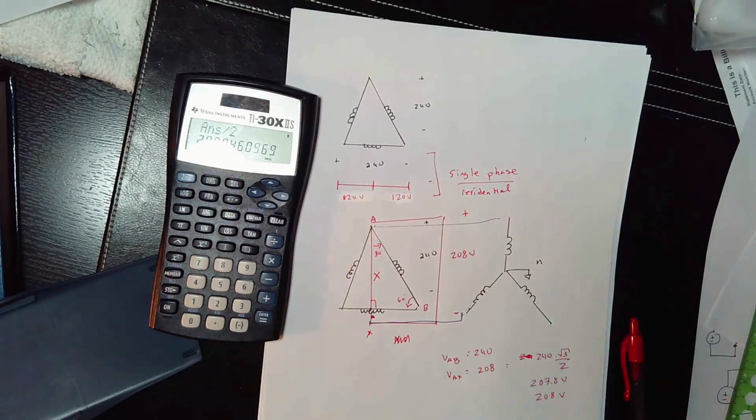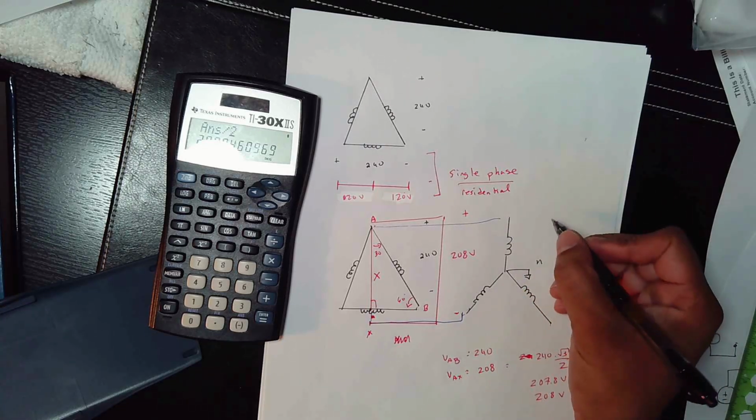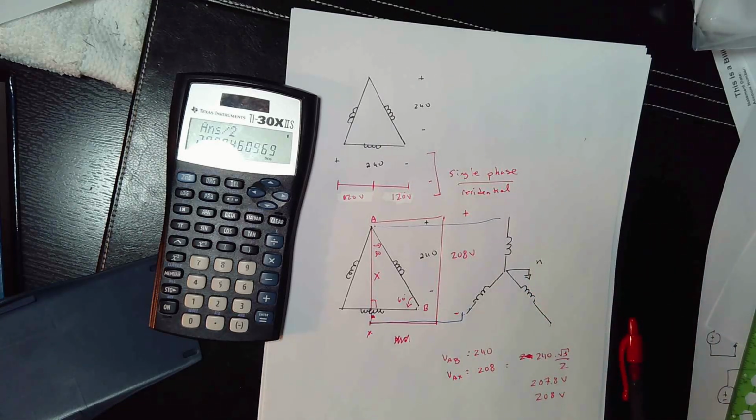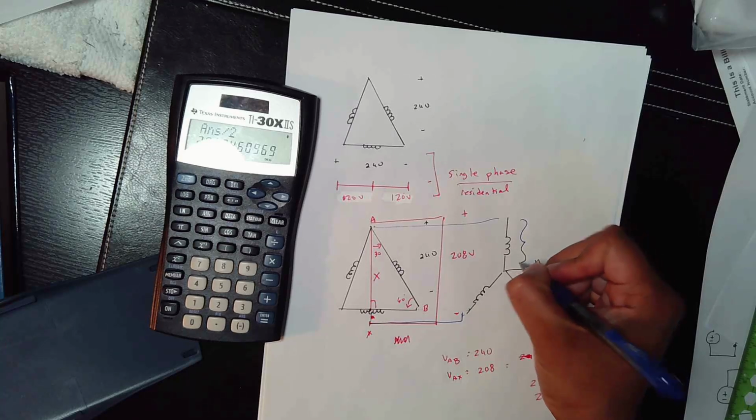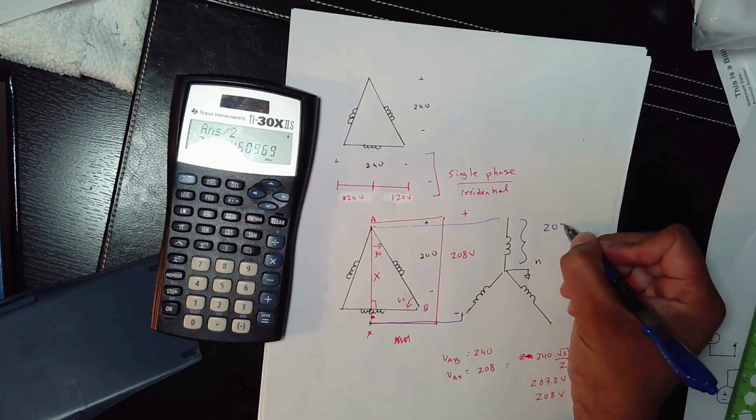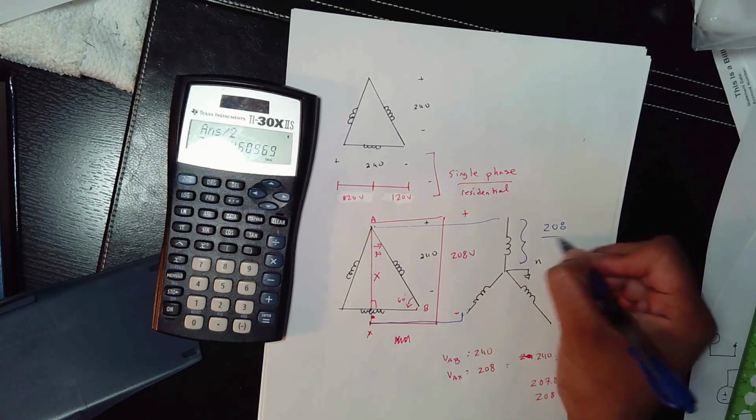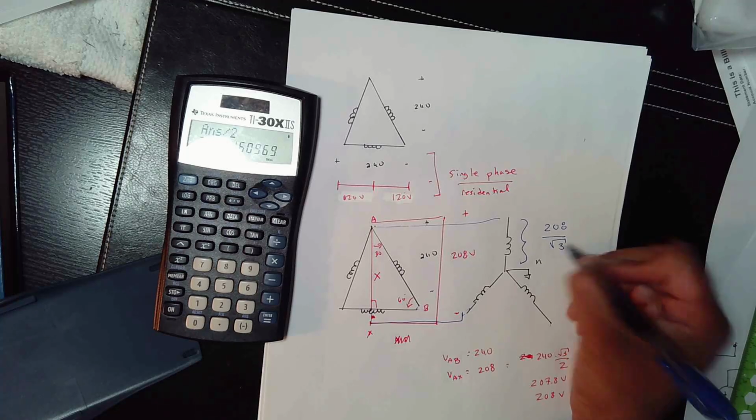Now in your Y 208, how are you going to get a 120 out of here? The 120 that's here, and I'm going to do it in blue, is 208 divided by the square root of 3.